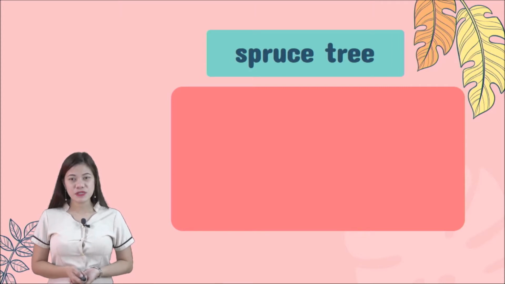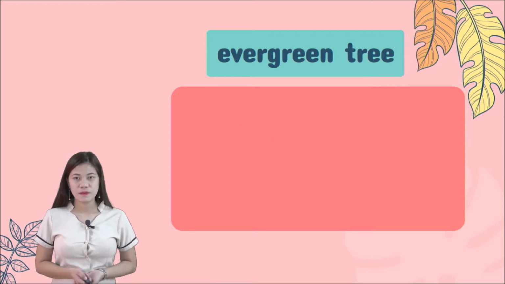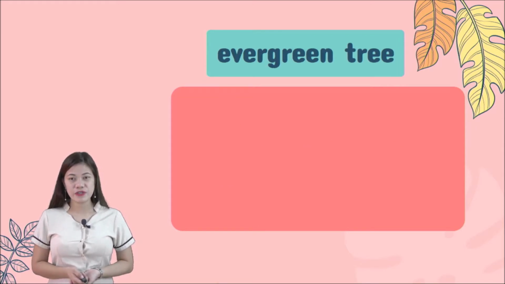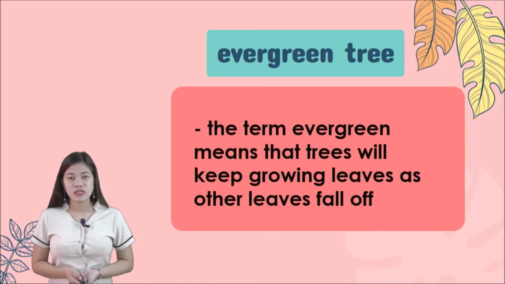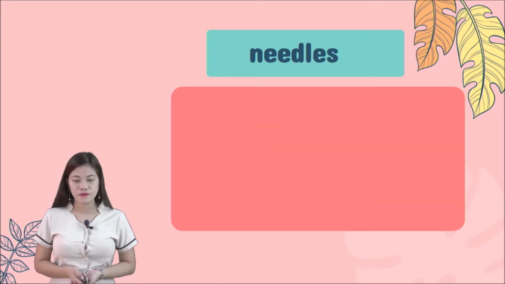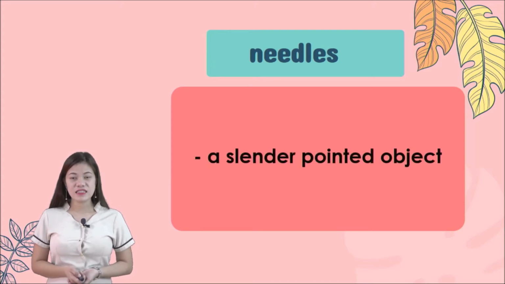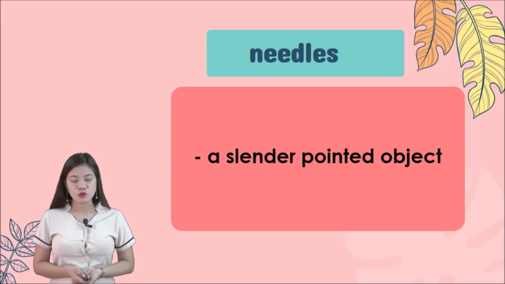While spruce tree is a tree of the genus Picea, about 35 species of coniferous evergreen trees. And then next we have evergreen tree. It is the term evergreen that means trees will keep growing leaves as other leaves fall off. Next we have needles. Needles is a slender, pointed object.